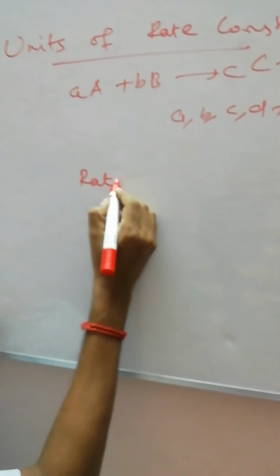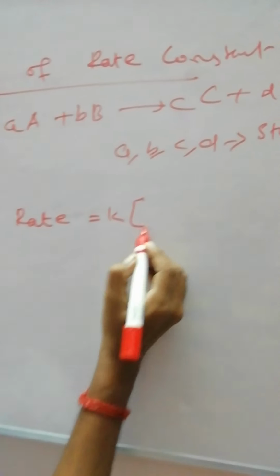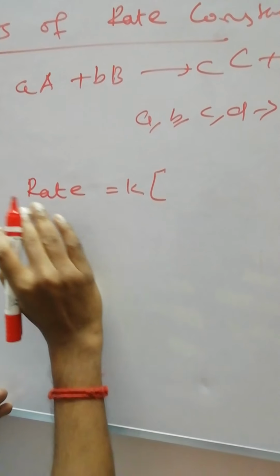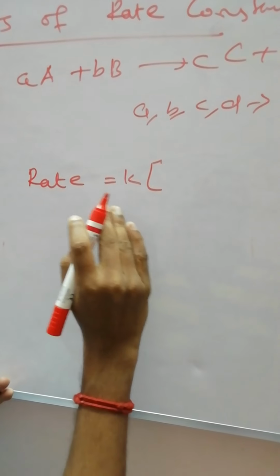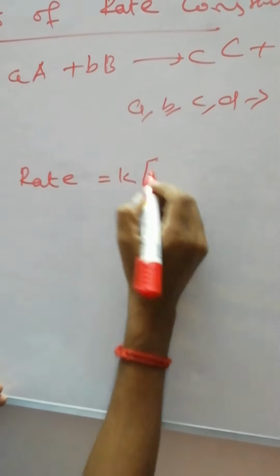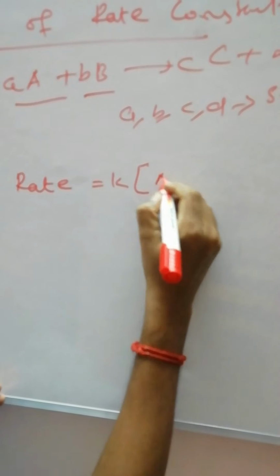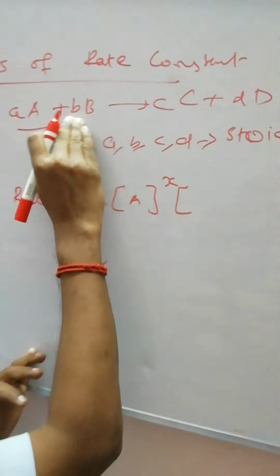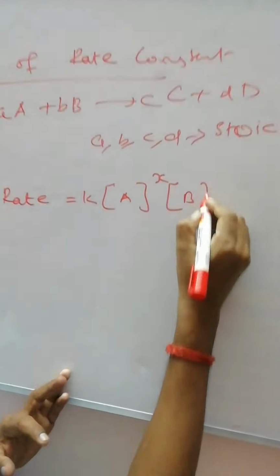Rate equal to k into, as we already discussed in the law of mass action, rate is directly proportional to the molar concentration of the reactants: A power x, B power y. This is the rate law, where x and y are the orders.